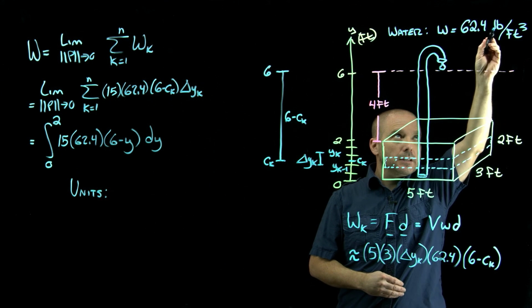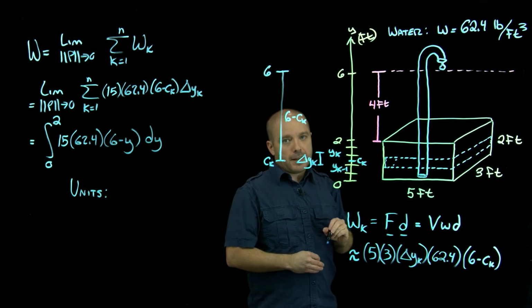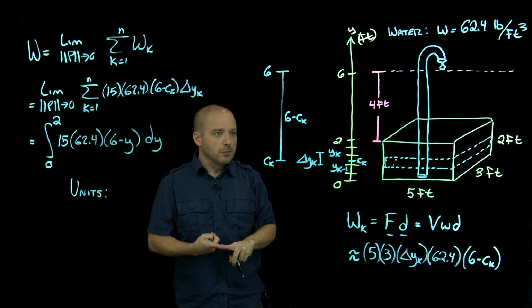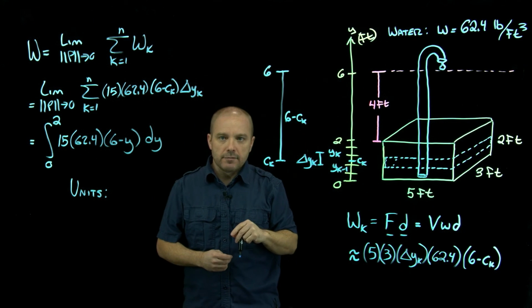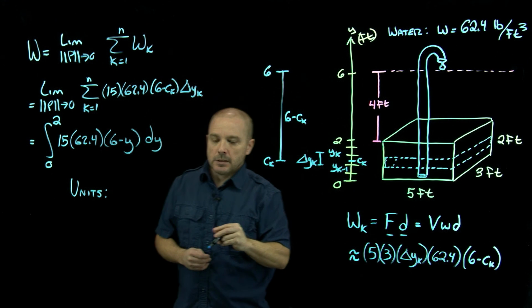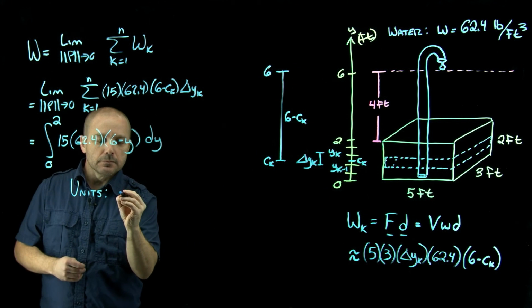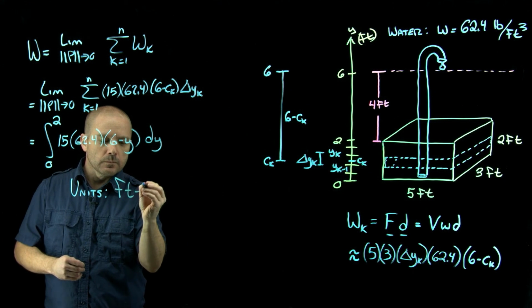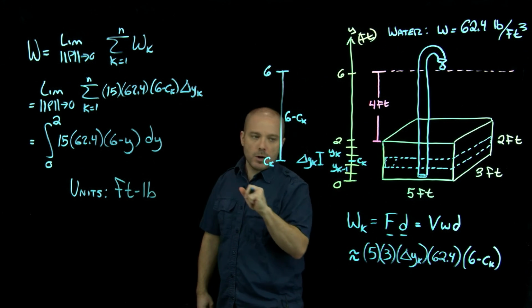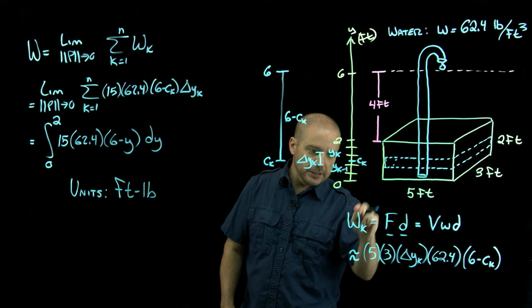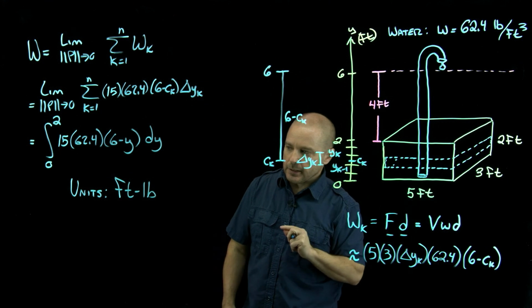That was the only place we see the force units is in that weight density. So we know force was measured in pounds. And all of our distances were measured in feet. So the units here, foot-pounds.